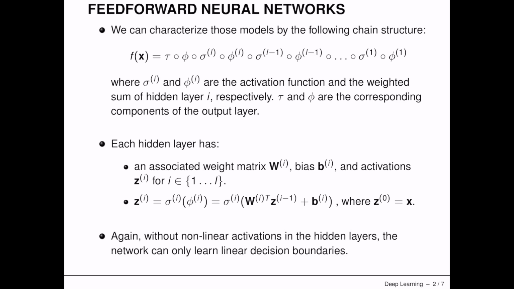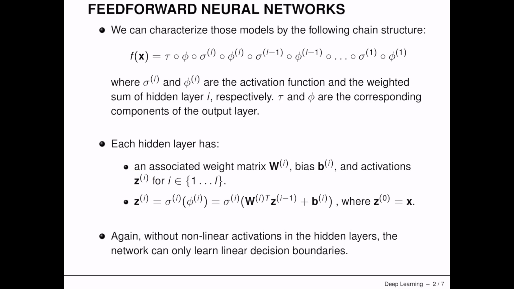As before, we can collect all the weights associated to one layer to a matrix W. We now call it W_i, to denote that it's a weight matrix associated to the i-th layer. We have a bias vector b_i for the i-th layer, and we can calculate activations of the i-th hidden layer, which can be collected in a vector z_i.